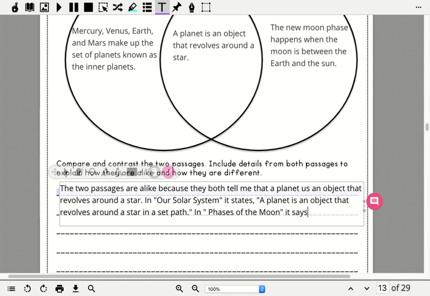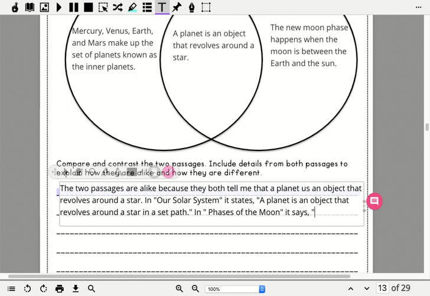It says, now we got to find it. So it tells me, I'm looking for that exact right sentence, okay?